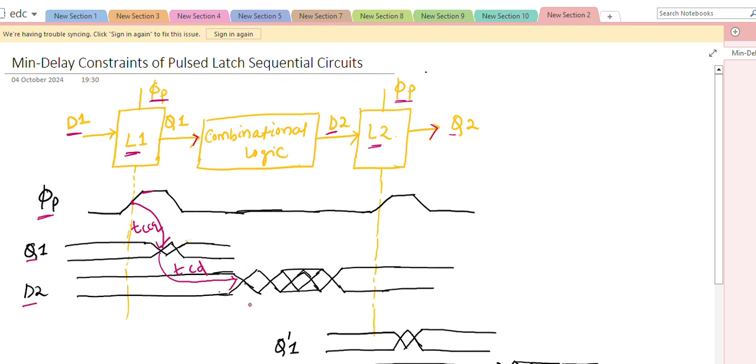After that, this is the D2. Then after some time D2 will be settled. That D2 should be settled and ready before the falling edge of the latch L2. As you can see, it is correct, so it is stable now. Now D2 can be given as input to the latch L2.